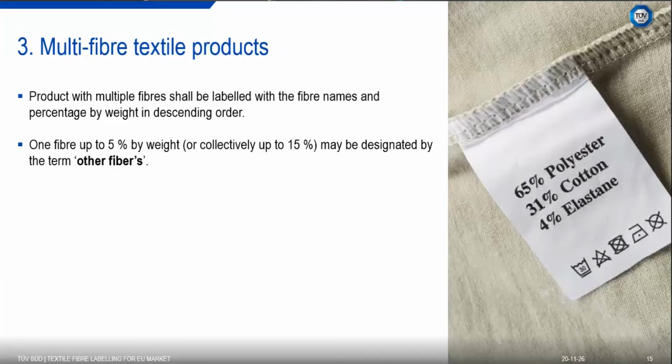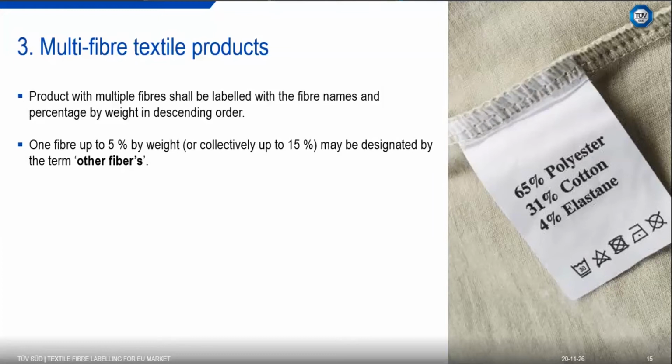Now, any fiber which is present in an amount less than 5% by weight can be designated as other fibers. But of course, elastin has functional properties, so everyone wants to disclose it for marketing purposes.